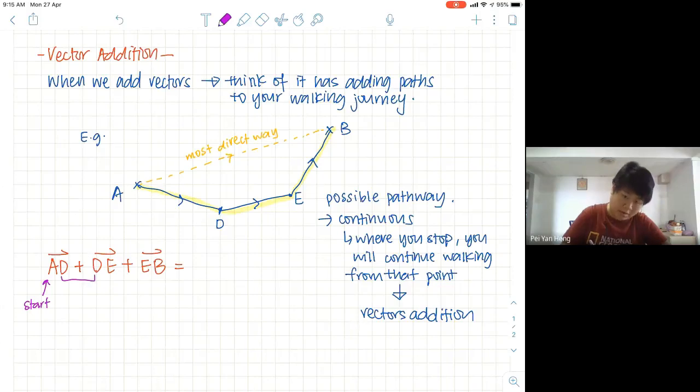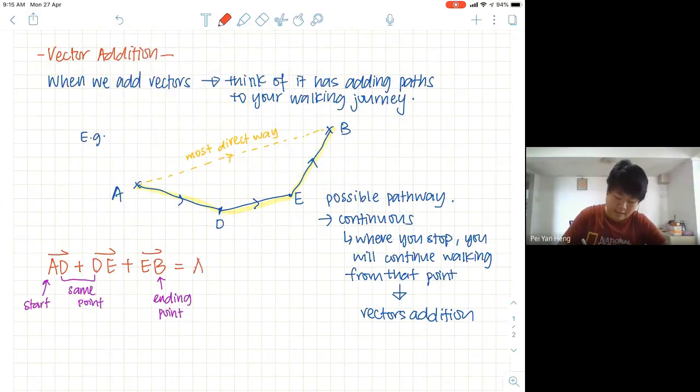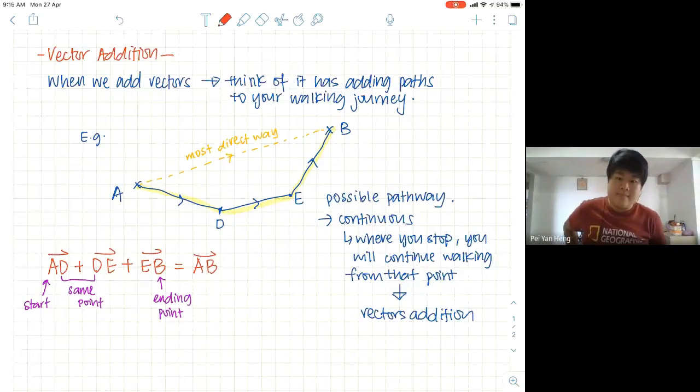These are all continuous points, or the same point. This is your ending point. This will give us vector AB.